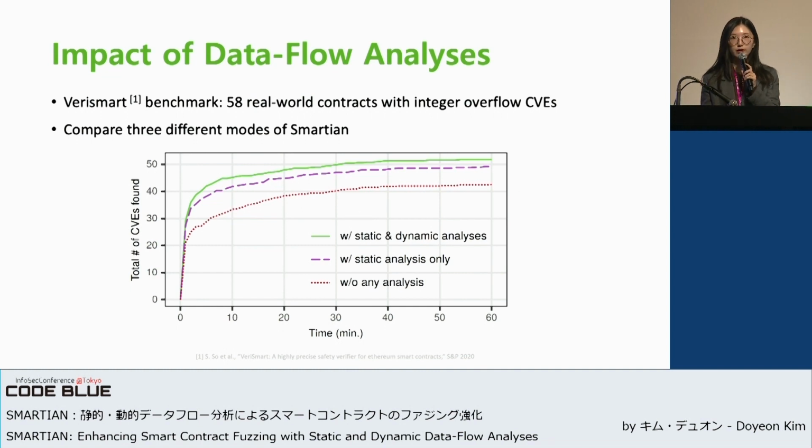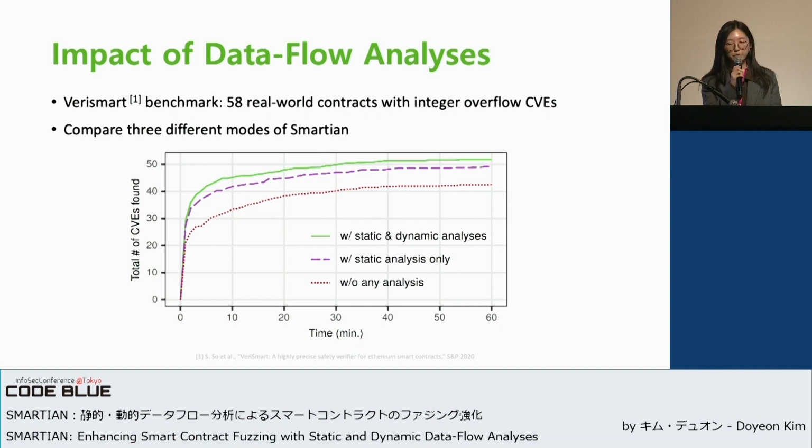So first, we used the benchmark from the VeriSmart paper to evaluate the impact of our data flow analysis. Because VeriSmart is not a testing tool, it is not our comparison target. Still, we found this benchmark valuable because it is composed of real-world contracts that have CVEs for integer overflow bugs.